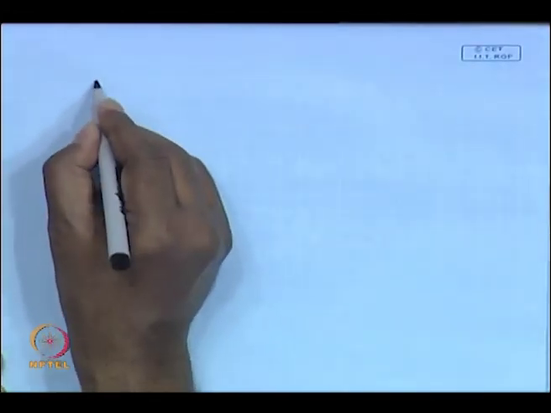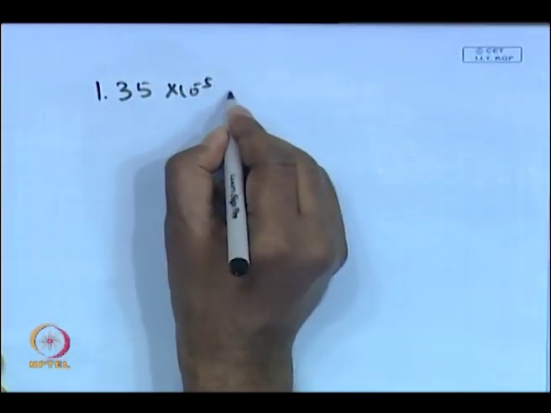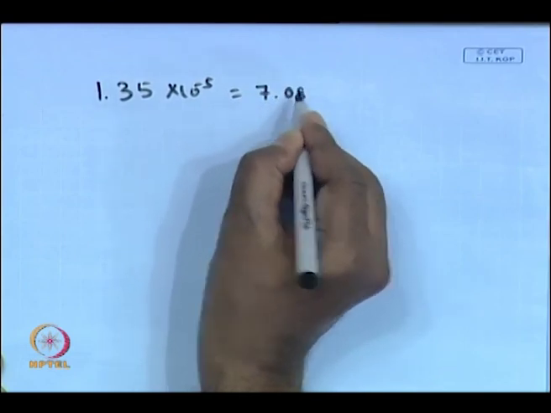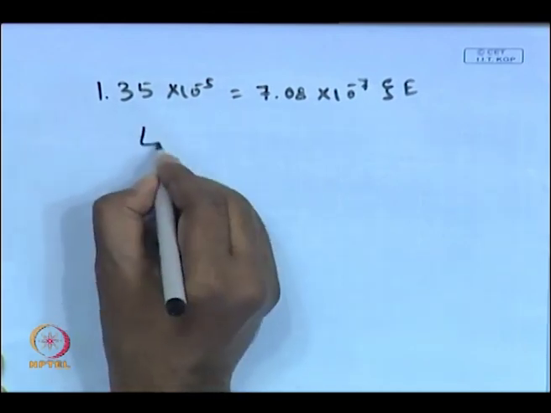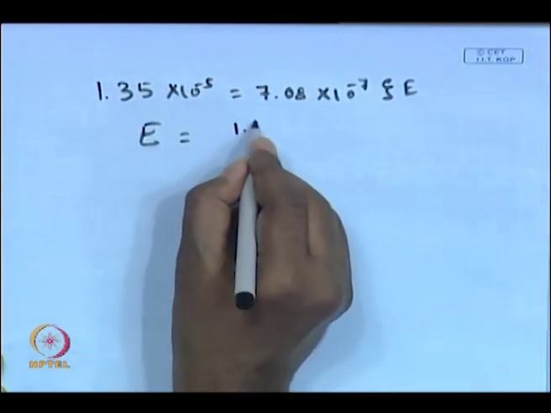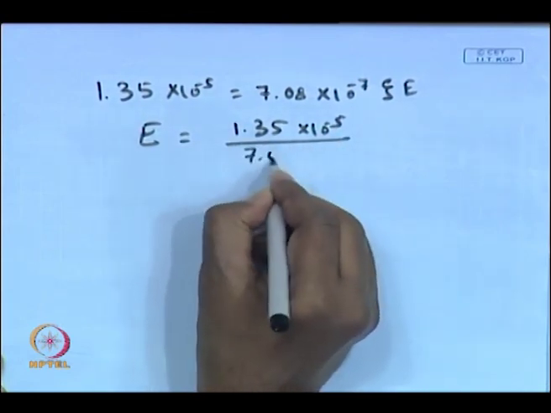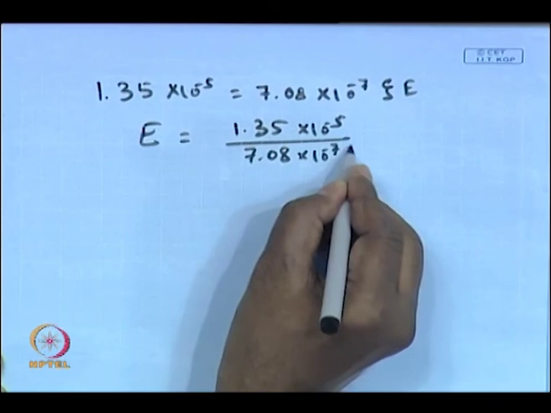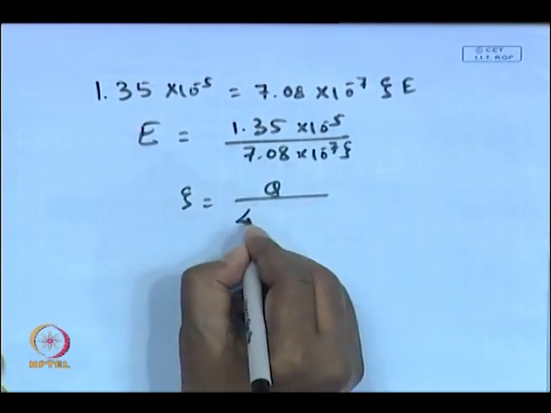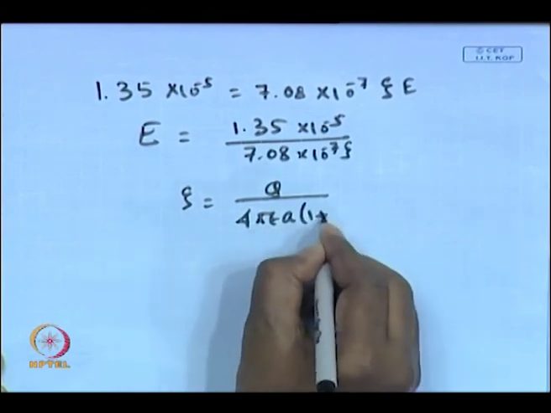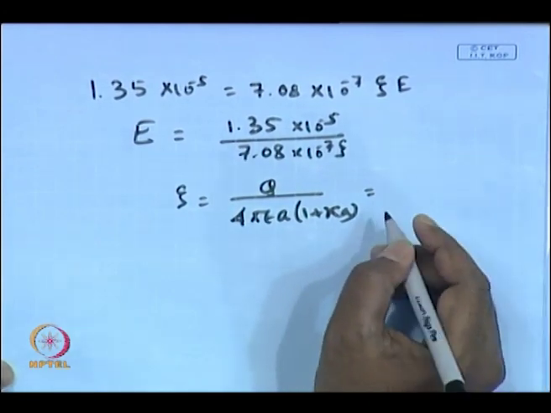So, in this particular problem, you will be getting 1.35 into 10 to the power minus 5 is equal to 7.08 into 10 to the power minus 7 zeta times E, and the value of external field strength will be 1.35 into 10 to the power minus 5 divided by 7.08 into 10 to the power minus 7 times zeta. Zeta can be found out from the formula Q divided by 4 pi epsilon A into 1 plus kappa A. And in this particular problem, we assume the same electrolytic concentration.